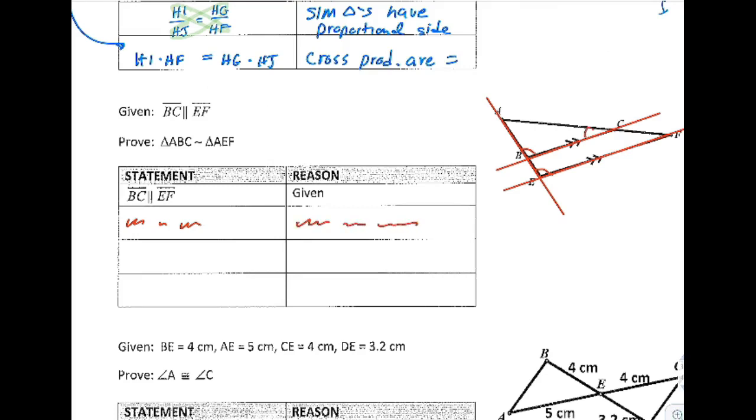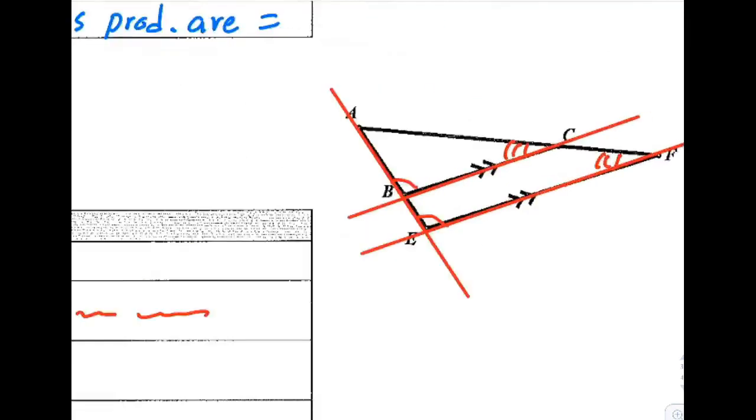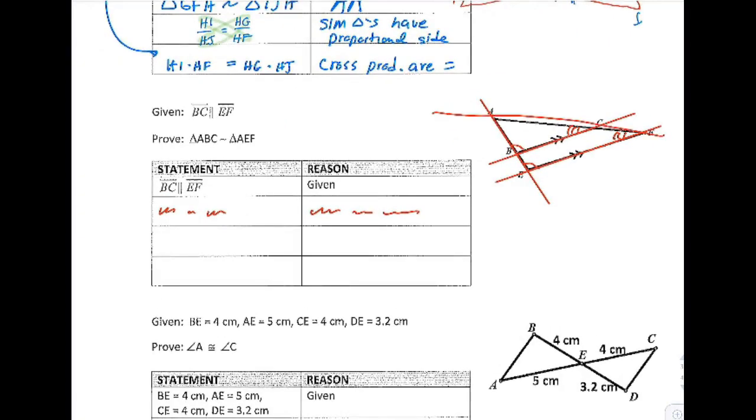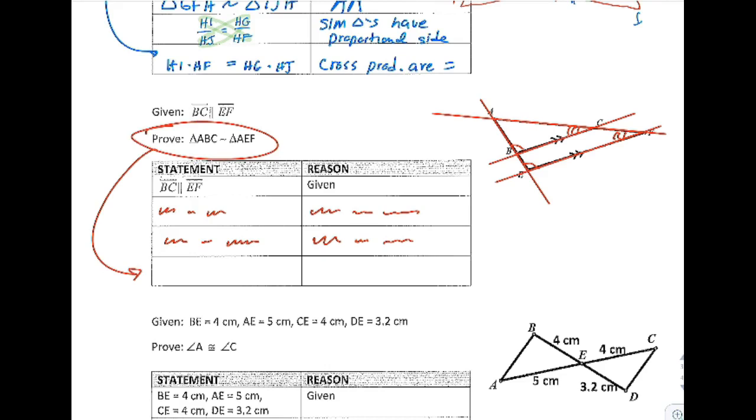Then I'm going to say that angle C and angle F are on this transversal. So angle C is congruent to angle F, again because corresponding angles are congruent. And I have two pairs of angles congruent, and all it wants me to do is prove that triangle ABC is similar to triangle AEF because of the angle-angle theorem.